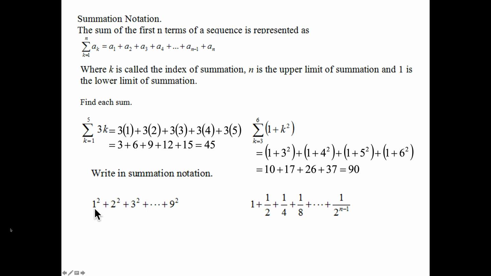And then we start with a 1, change to a 2, a 3, a 4, all the way up to 9. So my lower limit is 1, so k equals 1, up to my upper limit 9. And okay, we're done. So again, the 1, that's your lower, the 9, that's your upper, and there's your summation notation.